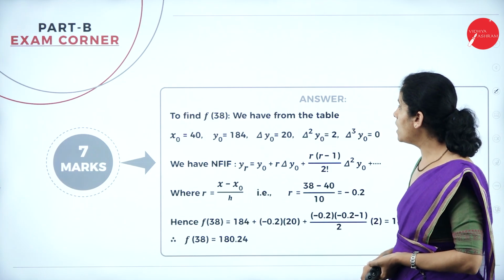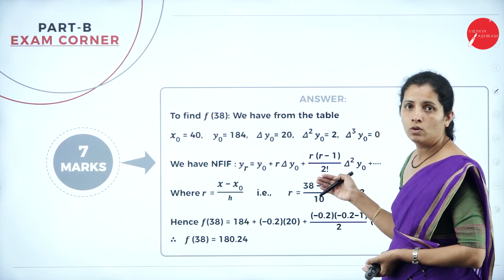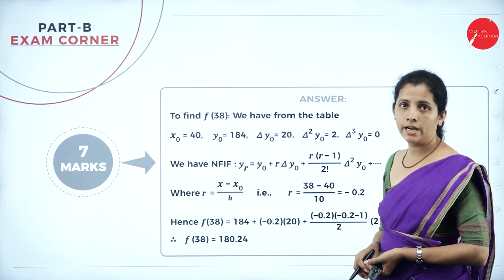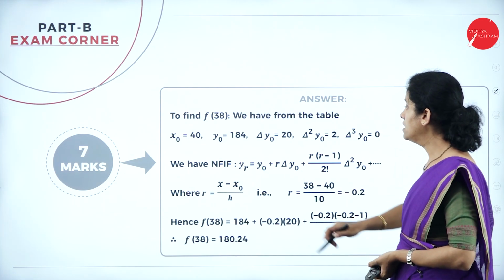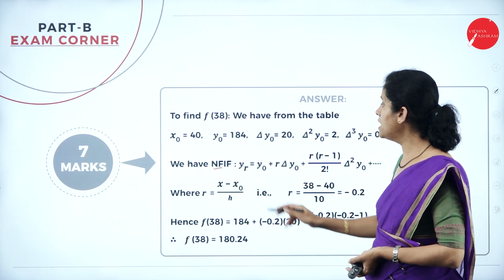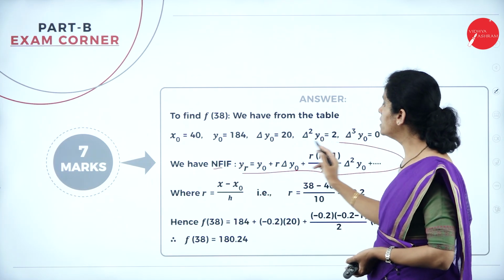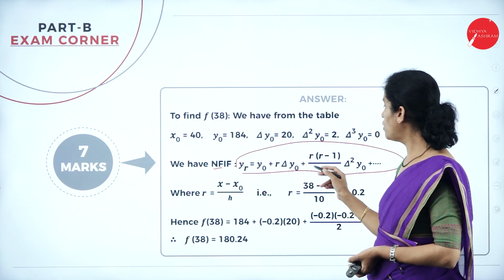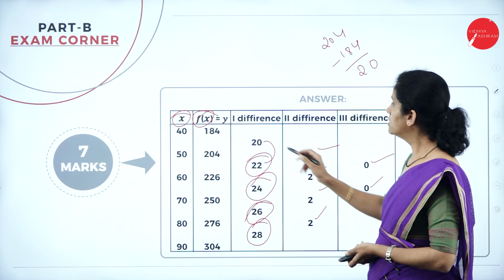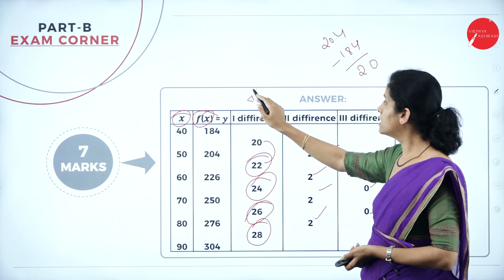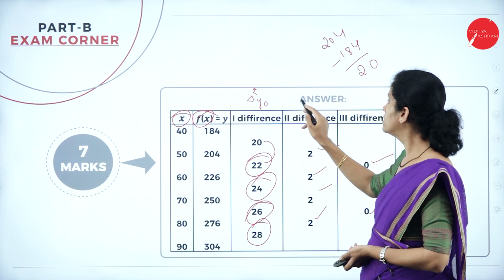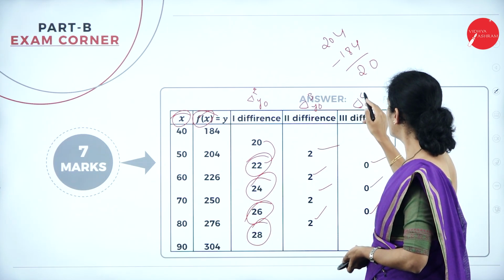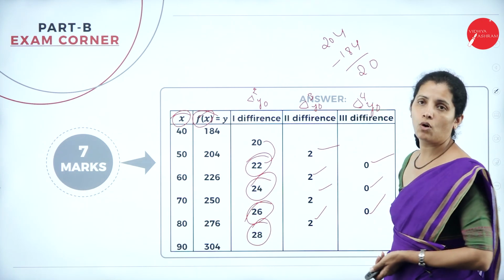Fine. Now, I want to write both the forward and backward interpolation formulas. See, this is the forward interpolation formula, so all are in terms of plus: delta y naught, delta square y naught, delta cube y naught, delta to the power 4 y naught.